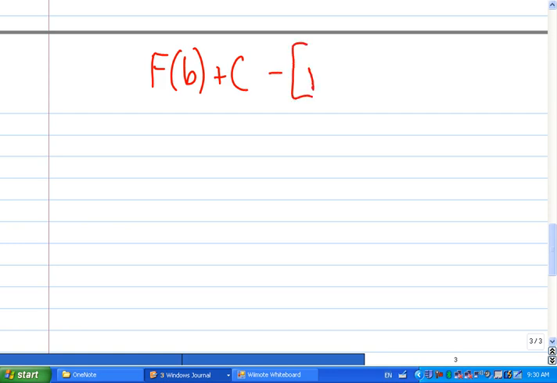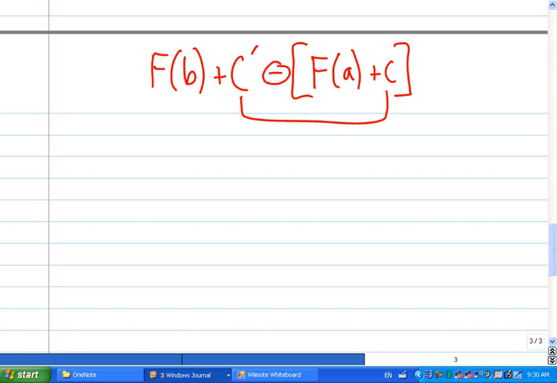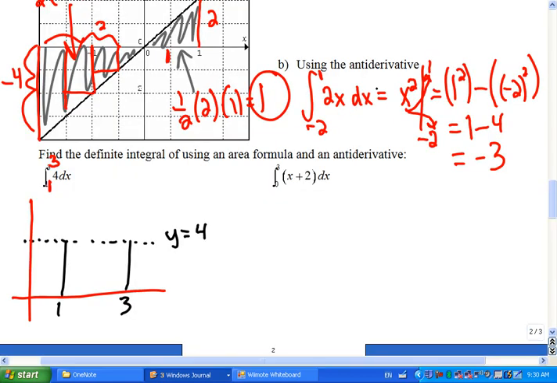And the answer is no, because if we were to do a constant and we take away the antiderivative at the other point, same function, same constant, when we subtract them, they would disappear. So the answer is no. When we do a definite integral, we don't need to worry about the constant. They would cancel out in this calculation. So that's a great question.